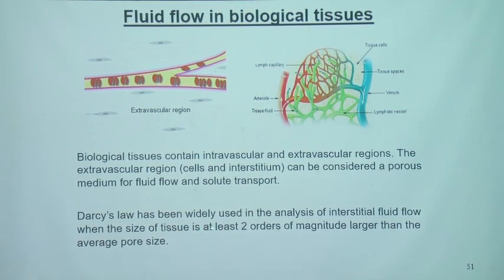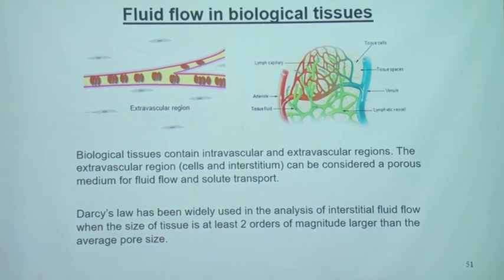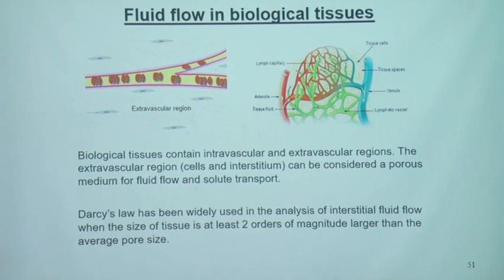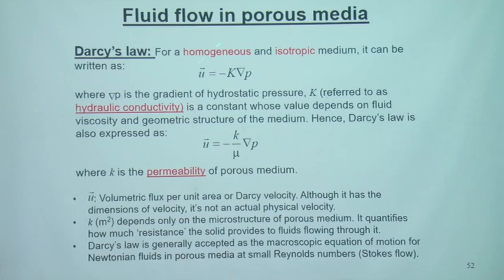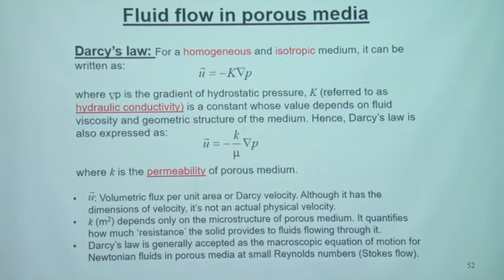So the size of the tissue is at least 2 orders of magnitude larger than the average pore size. So we're not looking at the cellular scale, but at the organ level. You assume that it's a homogeneous and isotropic medium, then the Darcy velocity can be related to the pressure gradient.